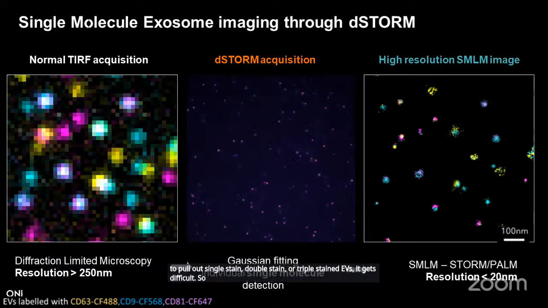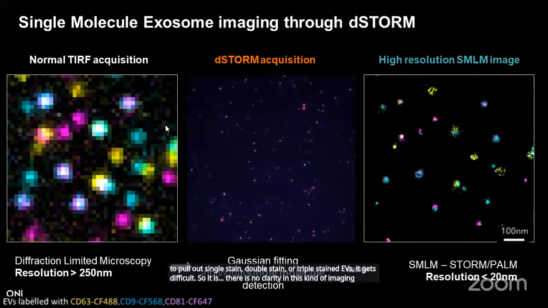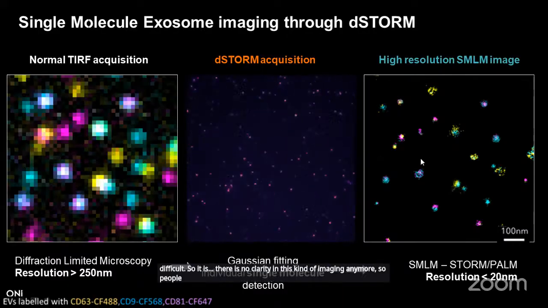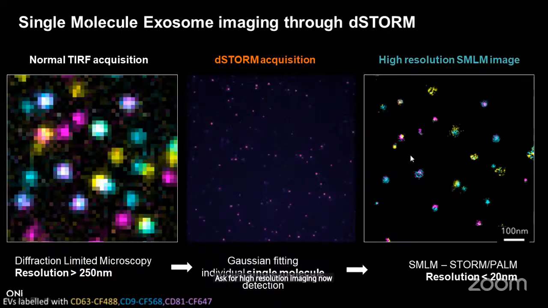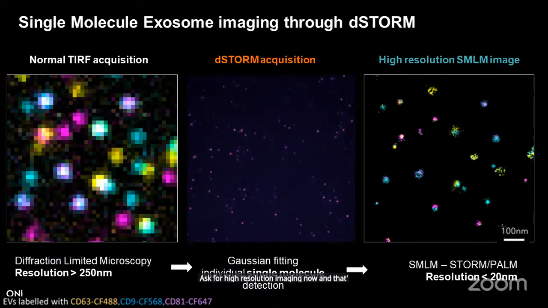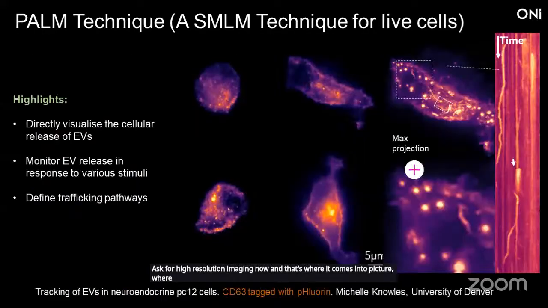There is no clarity in this kind of imaging anymore. So people ask for high resolution imaging now, and that's where it comes into the picture, where you can show pretty good images.